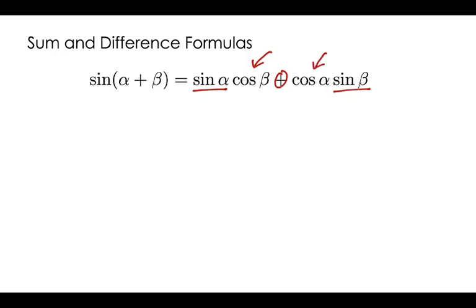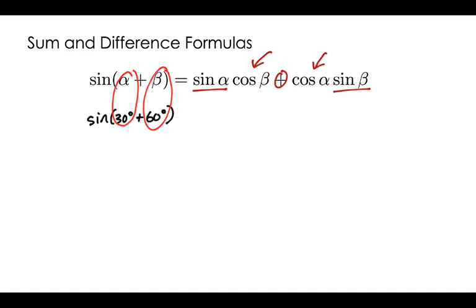So let's spot check this with our 30 plus 60 and see if it works. Remember that when we do sine 30 plus 60, that's sine 90, and hopefully that is equal to 1. Here in the formula, my alpha is 30 and my beta is 60.